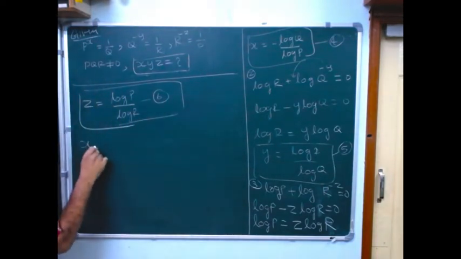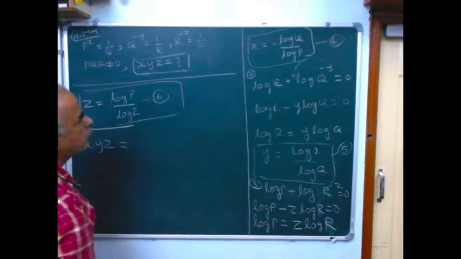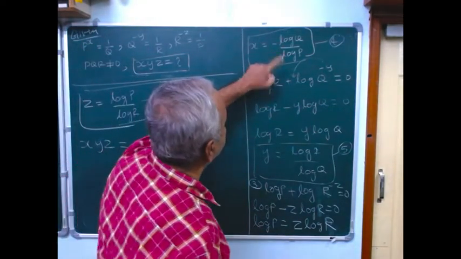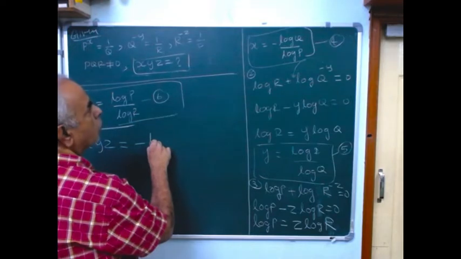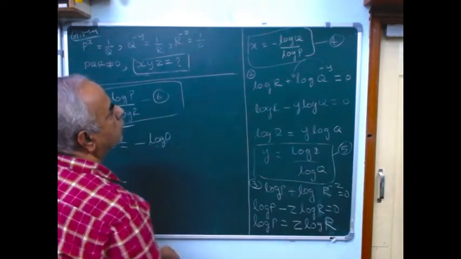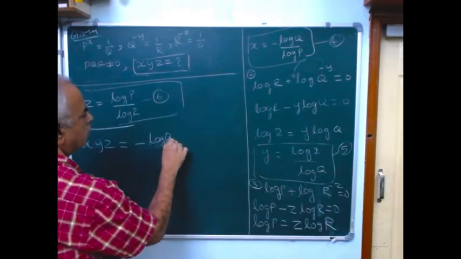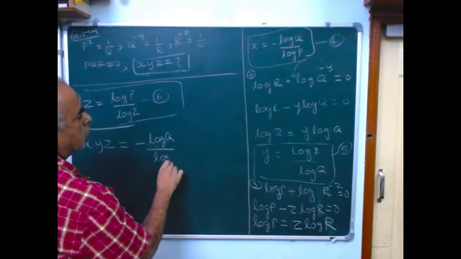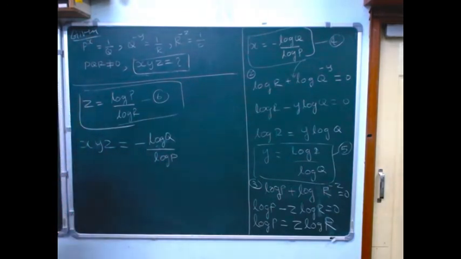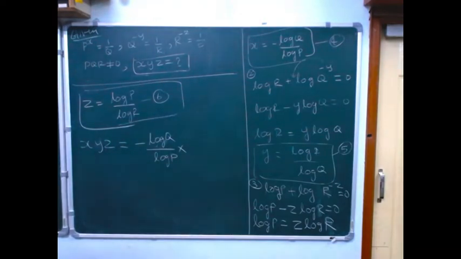So xyz, you can substitute the value of x. What is x here? Minus log q divided by log p, and then into y. What is y here?